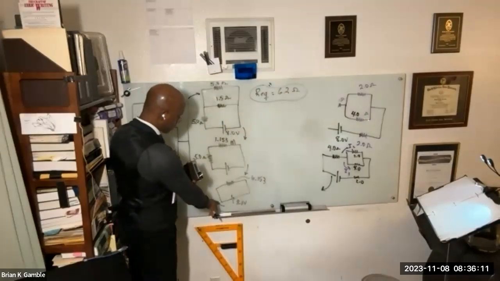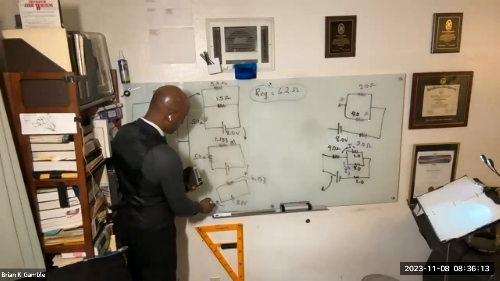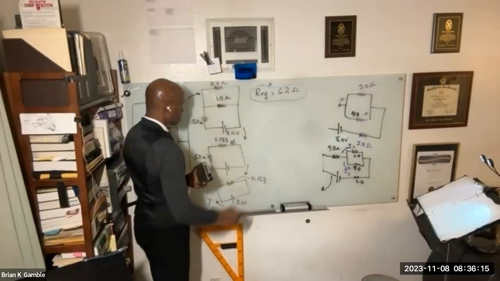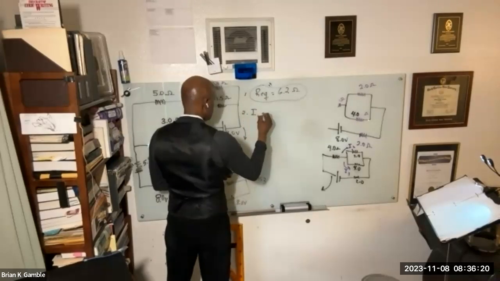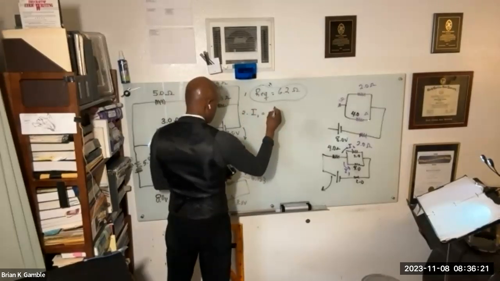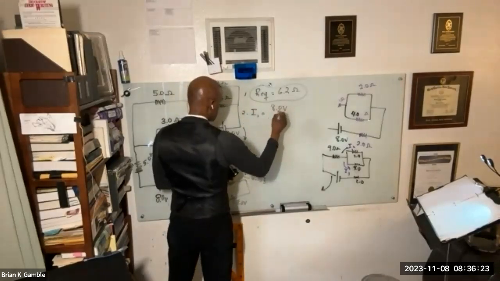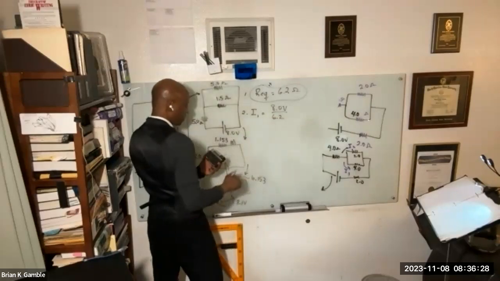Now the current here, I'll call it I1. I1 is going to be equal to the voltage, 8.0 volts, divided by 6.2.